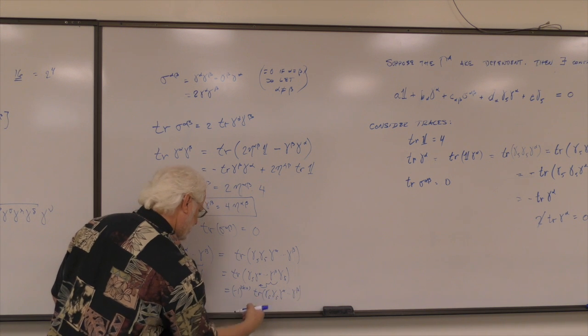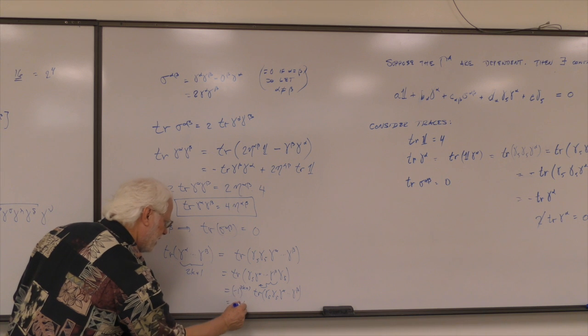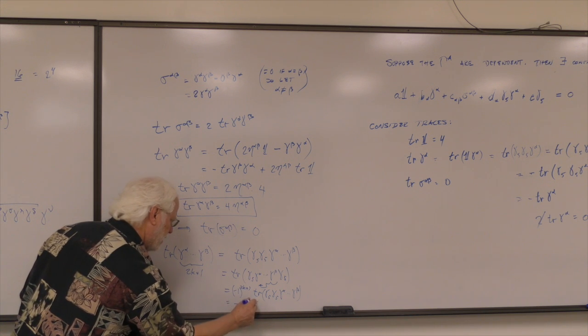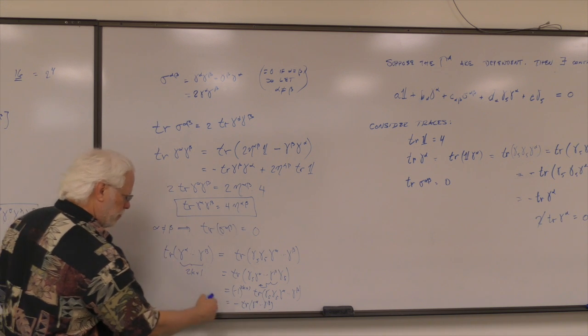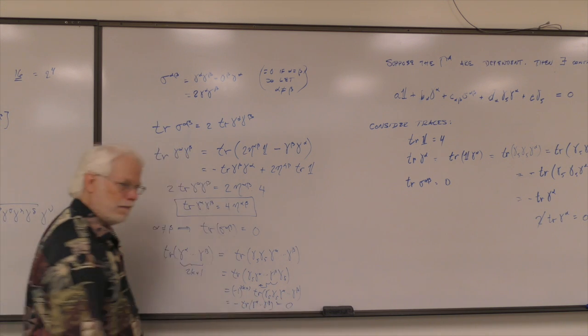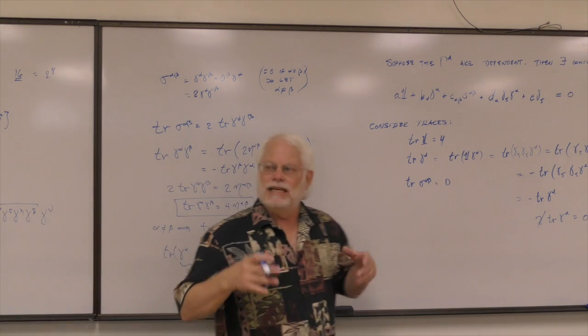And I replace the gamma 5 squared with 1, and that's an odd power, so I get minus the trace of gamma alpha through gamma beta. And since it's equal to minus itself, it's equal to 0. So the trace of any odd number of gamma matrices is 0.